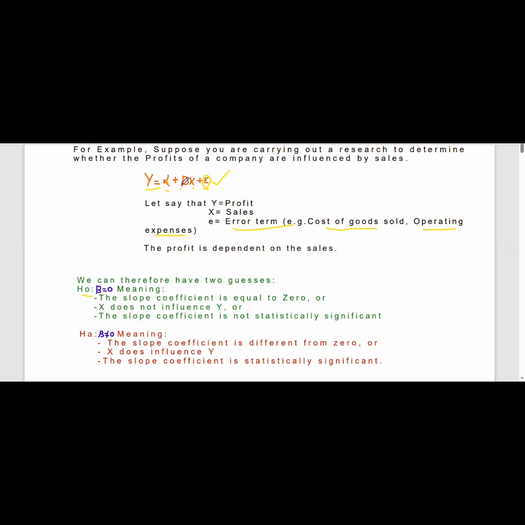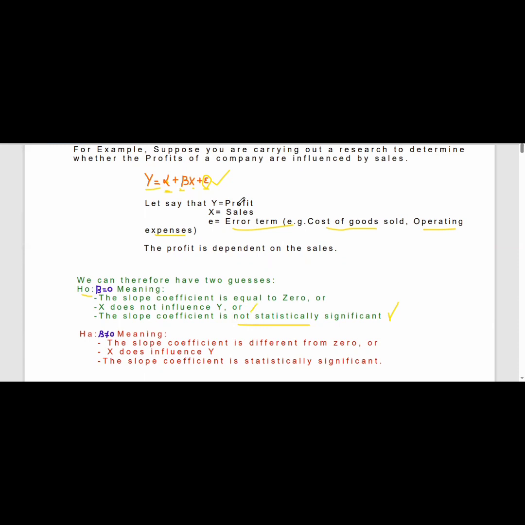Remember that beta represents the slope, while alpha represents the y-intercept. So in the case of the null hypothesis, the slope coefficient is not statistically significant, or X does not influence Y, that is, the sales does not influence the profit.